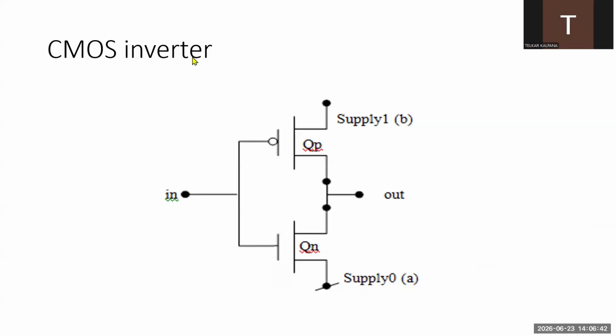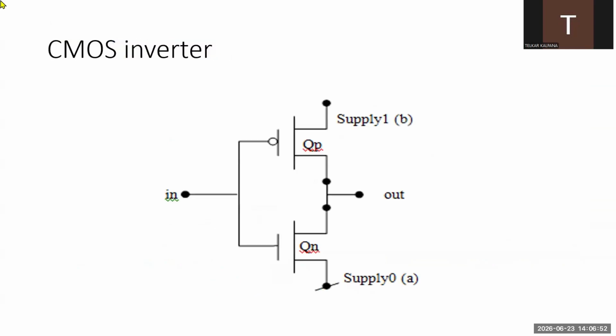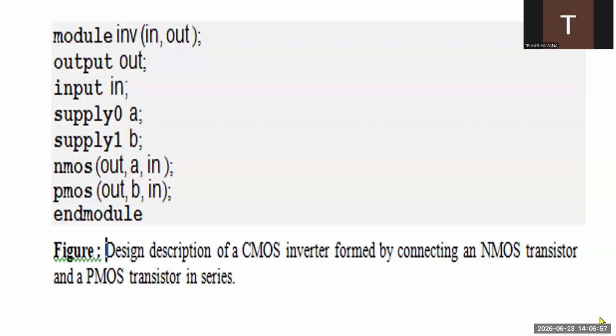Now writing the program for the CMOS inverter at switch level. The module name is INV; we can use any other name. Input IN followed by the output OUT. The output and input are scalars here.